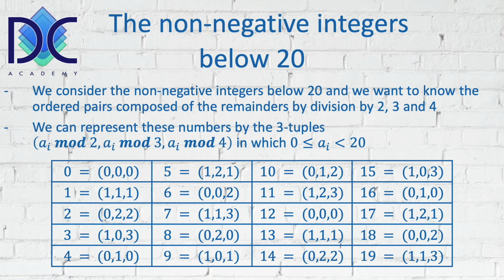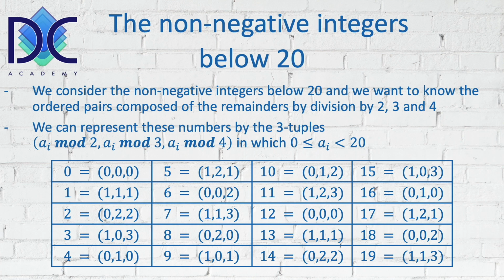Let's take another example, 7. 7 modulo 2: 7 is 3 times 2 plus 1, so it is 1. 7 modulo 3 is also 1, and 7 modulo 4 is 3. So we have the 3-tuple (1, 1, 3).